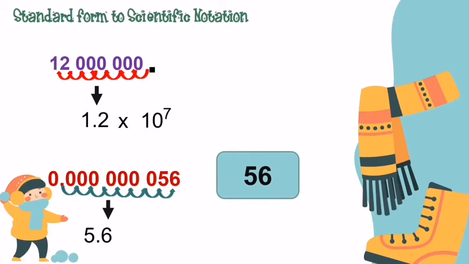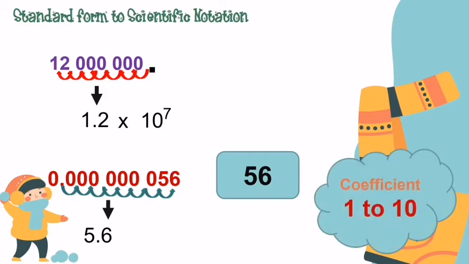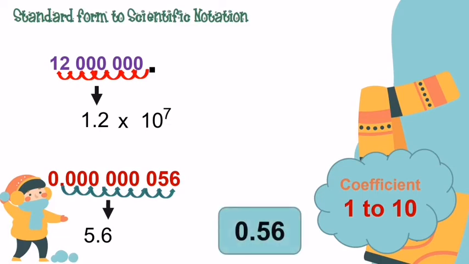Teacher, what about 56? Can it be also instead of 5.6? Remember again, coefficient above 10 cannot be. So, no. Teacher, can it be 0.56 instead of 5.6?